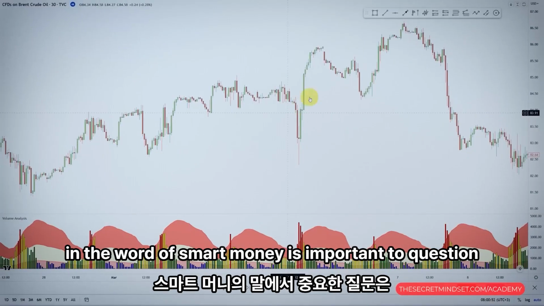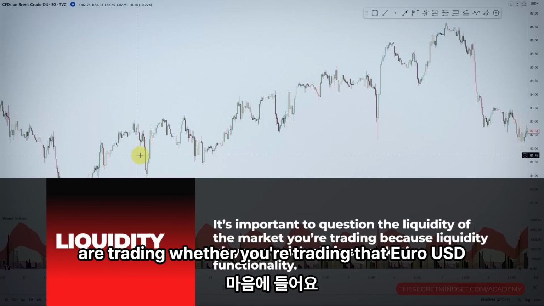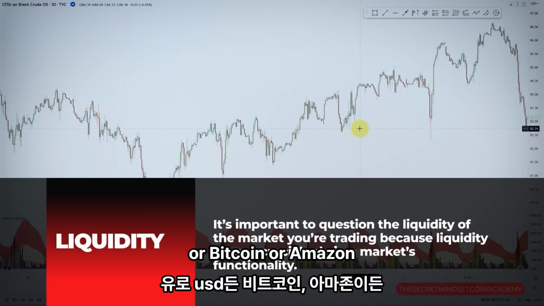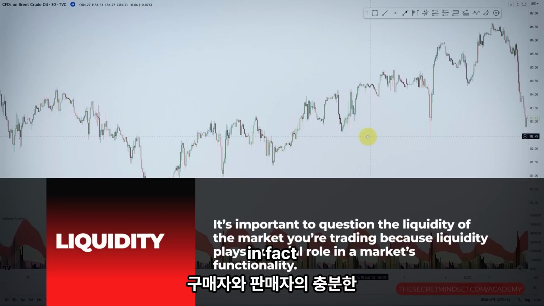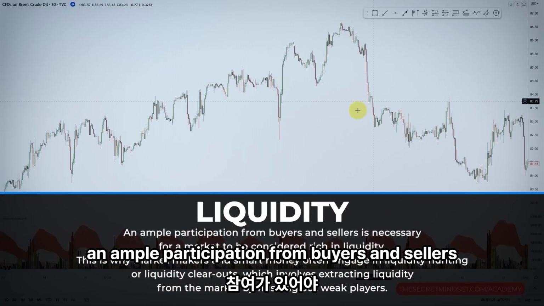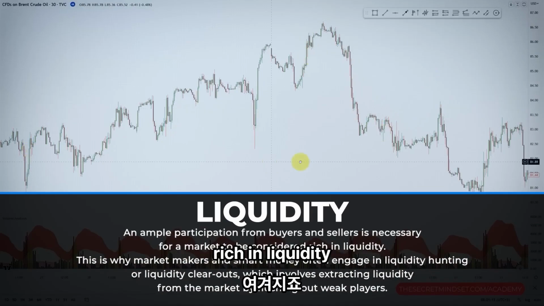In the world of smart money, it's important to question the liquidity of the market you're trading. Whether you're trading the Euro USD or Bitcoin or Amazon, liquidity plays a crucial role in a market's functionality. In fact, ample participation from buyers and sellers is necessary for a market to be considered rich in liquidity.